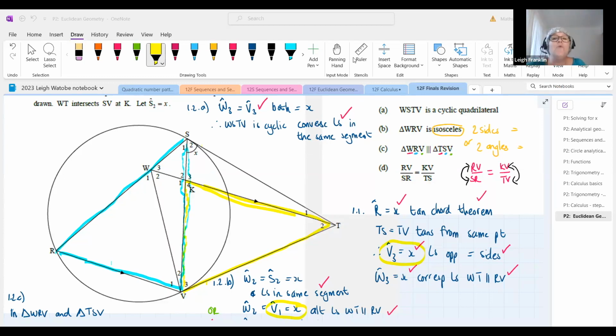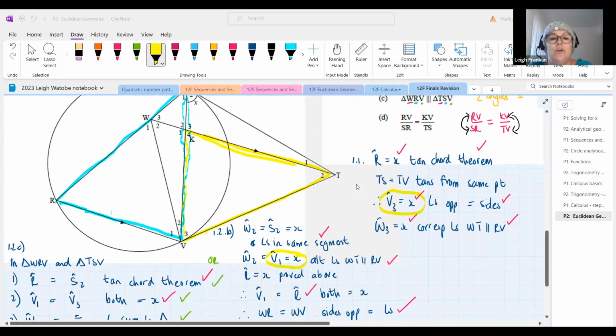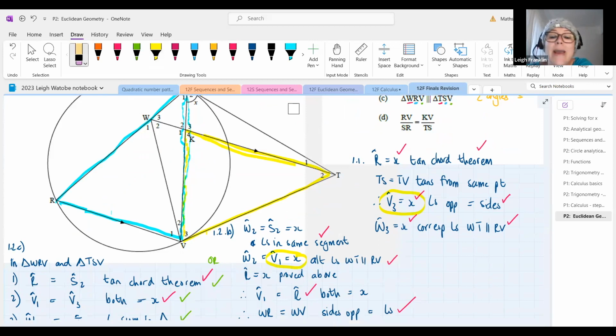Now, remember, they're also particularly sticky about the way in which we start this question. We're not allowed to write this down on the page because that's what we're trying to prove. So they want us to start by working in the correct triangles. So we must begin question D by stating the triangles.